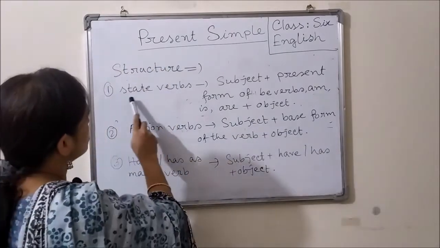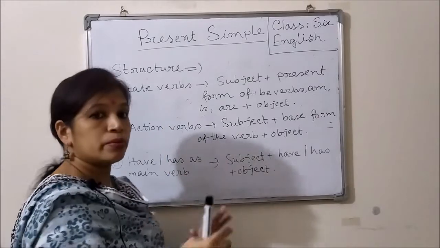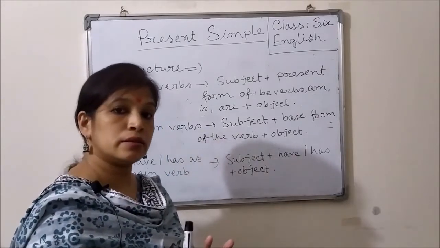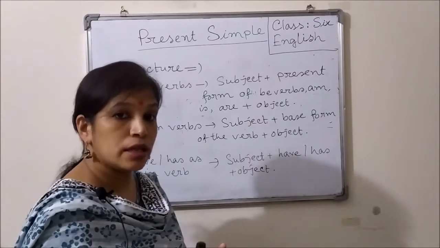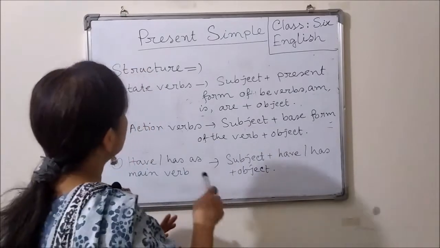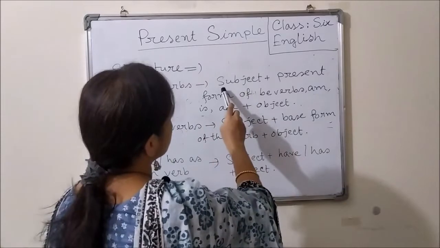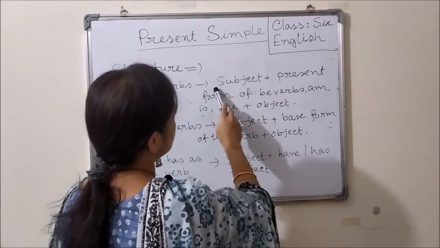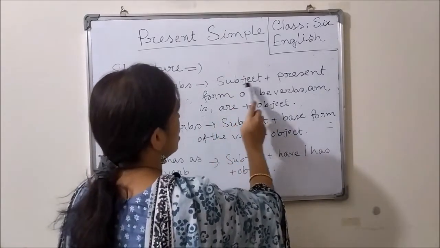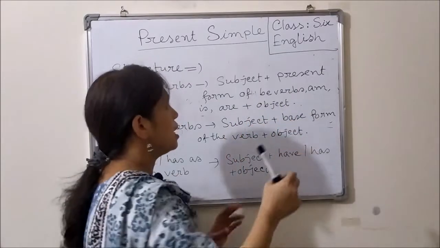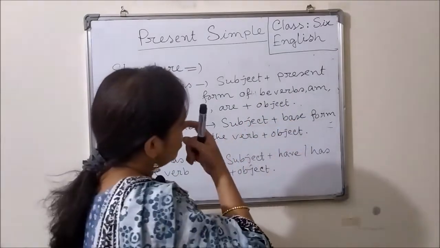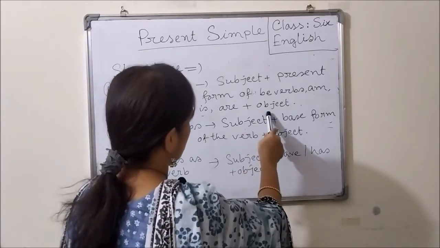In the first structure, the verb represents the state. Here we have to use a subject and then the present form of be verbs, that is am, is, are, plus object.